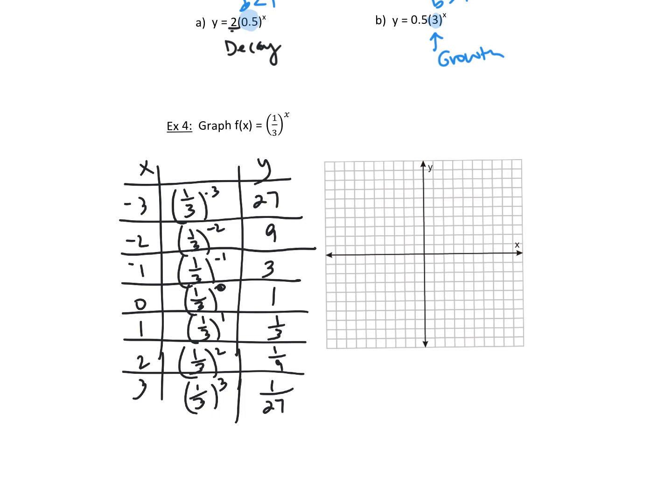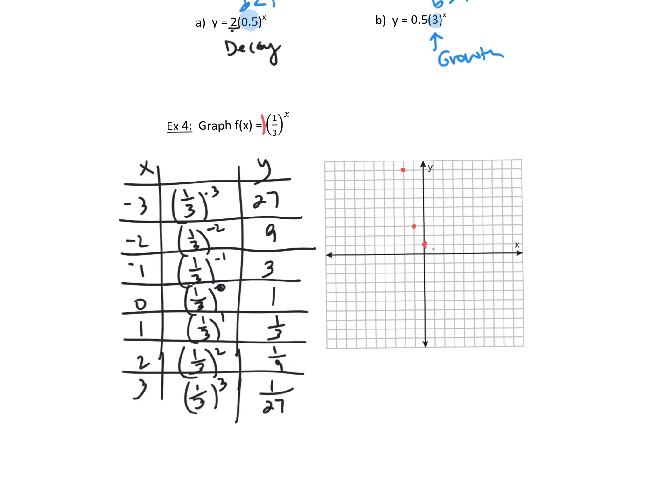Okay, and those are those decimals that are very close to the x-axis. So we have -3, 27, which I'm not going to graph; -2, 9, which is here; -1, 3 is here; 0, 1. Again, remember that y-intercept was that invisible 1. Then 1, 1/3.